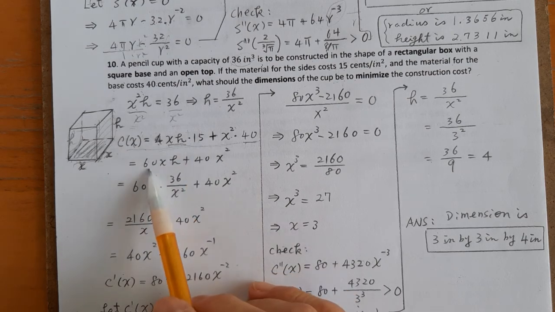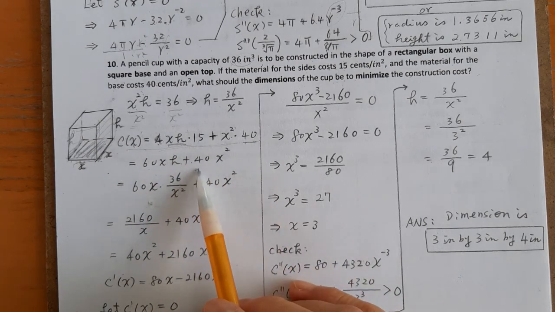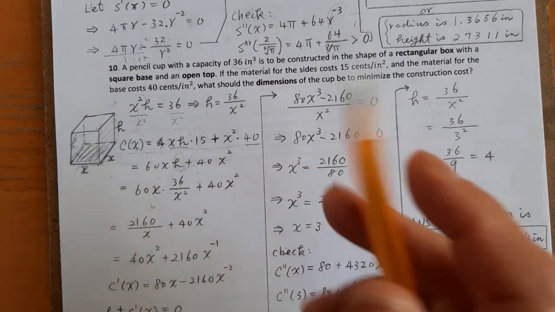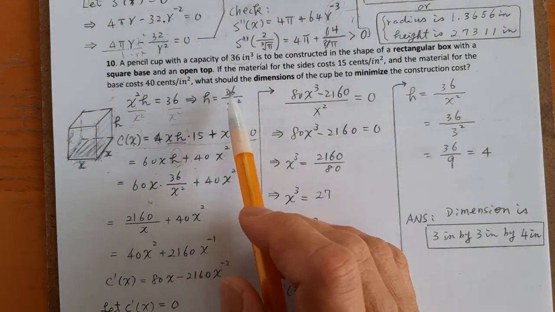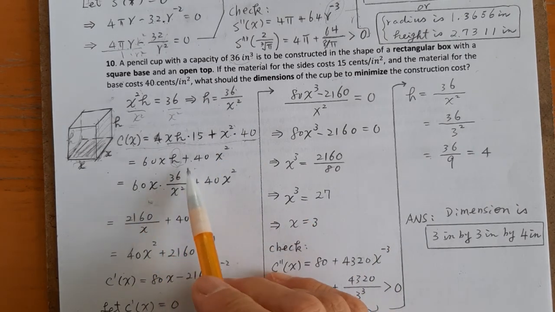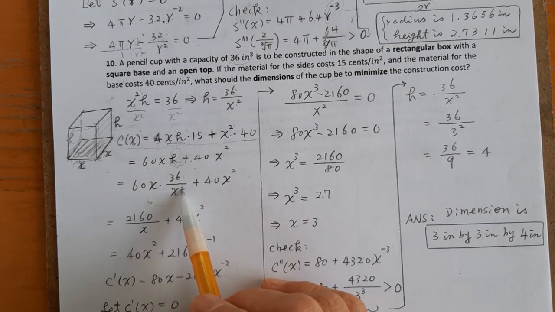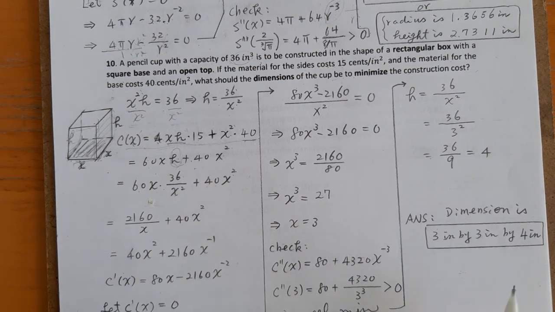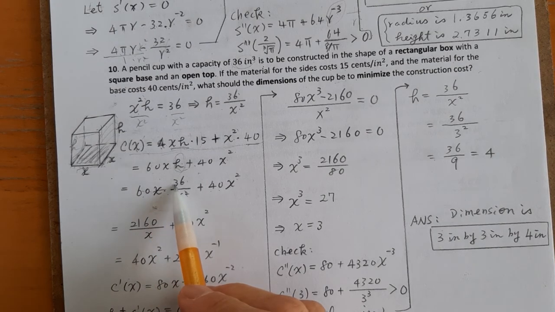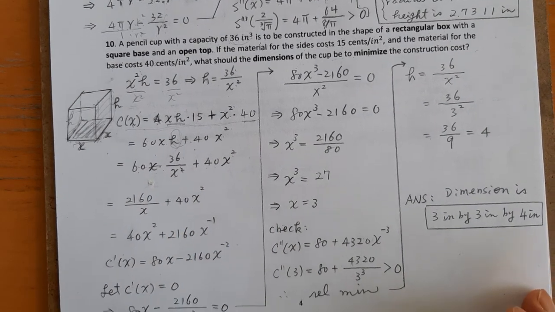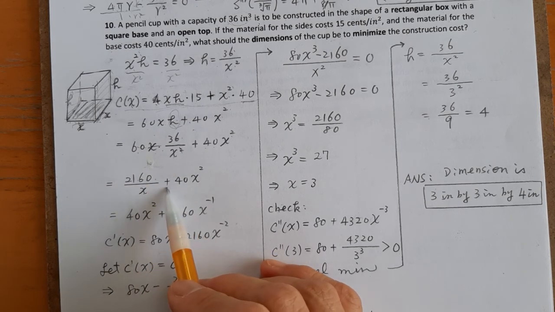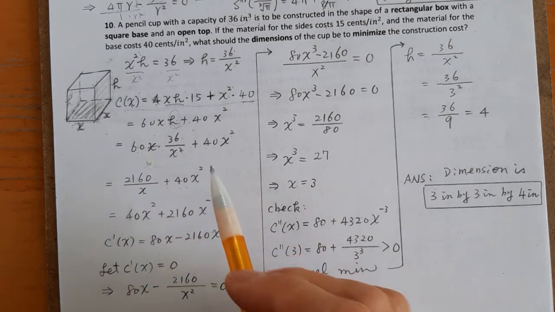Then simplify it. 4 times 15 is 60xh plus 40x squared. Then replace this h. h is 36 over x squared. Plug in. So 60x times 36 over x squared plus 40x squared. Cancel x. 60 times 36 is 2,160 over x plus 40x squared.